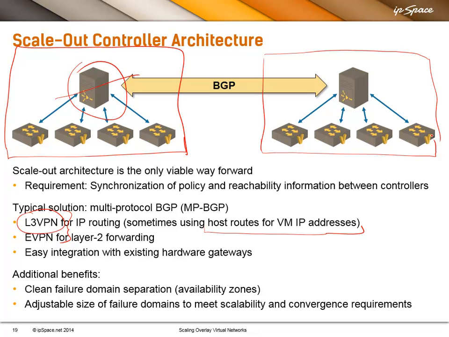If you have a pretty static environment, or if your convergence requirements are measured in seconds, then you can afford to have one controller for many hosts. If, for example, you're running a Docker environment where there are not only VMs going up and down, but Docker containers going up and down every second, then obviously you need a different ratio of controllers to hosts.